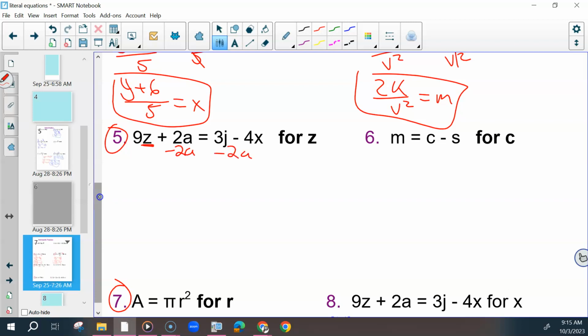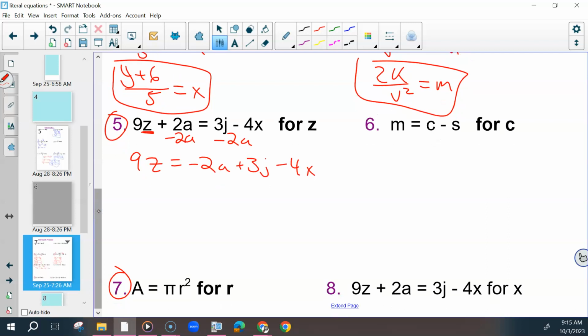And then in your literal equation, you can rearrange this in ABC order or leave it as is. It does not matter for this one only. So I'm going to rearrange those in ABC order. And then when we go to divide by 9, are we doing that all at once or separately?